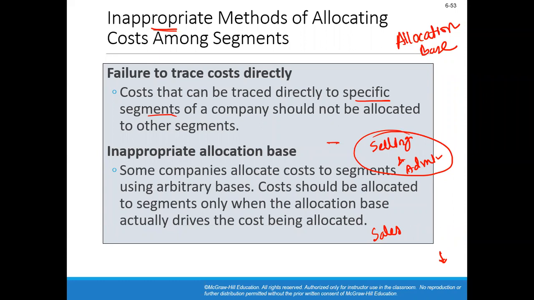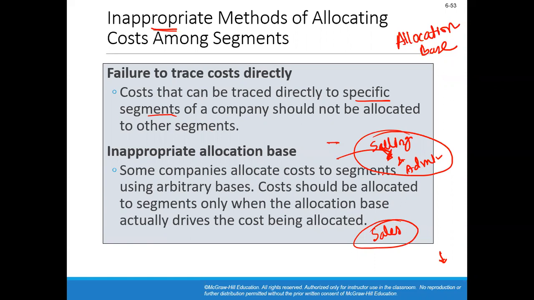Or should I look at where the salespeople are working, or how many salespeople are working, or how many hours salespeople are spending in different segments? That may be appropriate, but when sales is the allocation base for allocating selling and administrative expenses, the allocation base will not be appropriate.